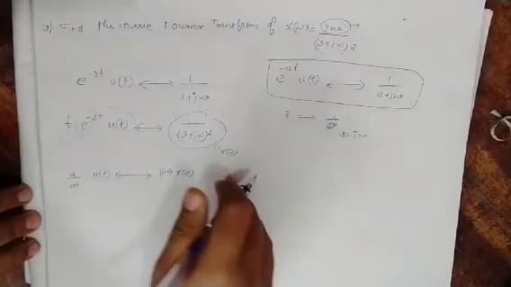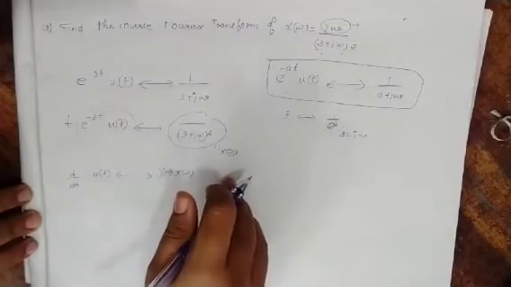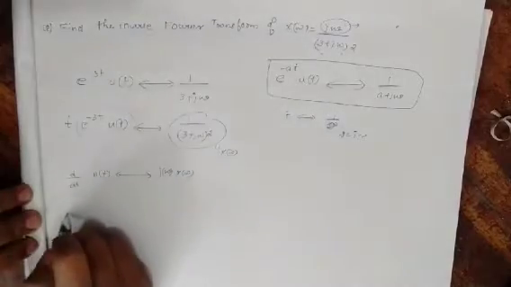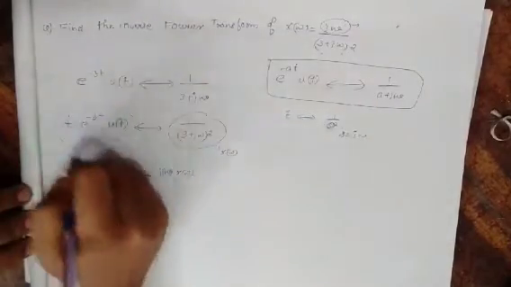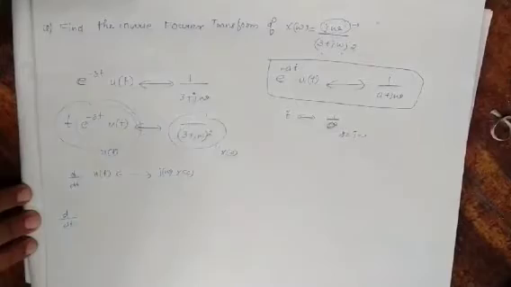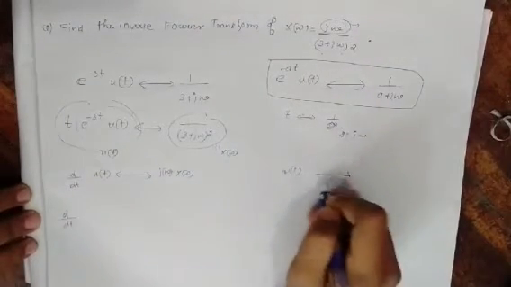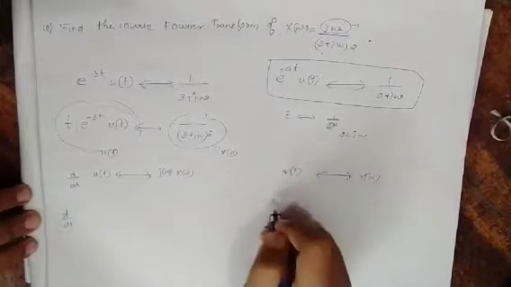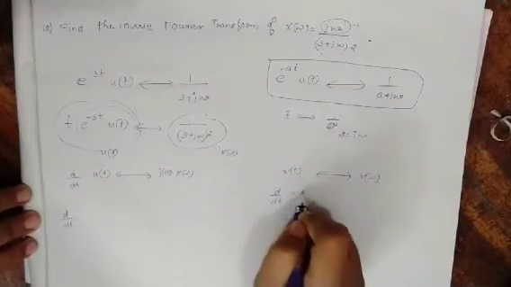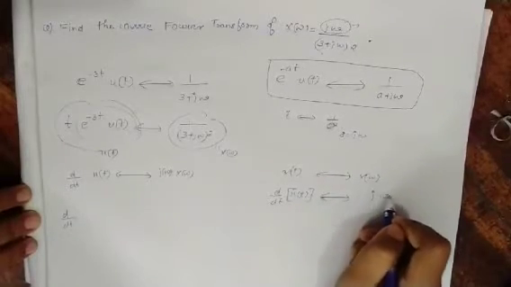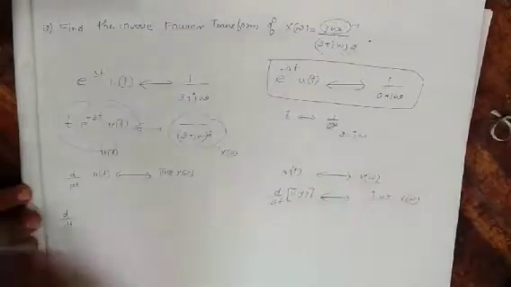If it is to be multiplied by j omega, what is the requirement? That in the time domain, let the whole thing be x of t. If x of t has a Fourier transform of X of omega, and if it is differentiated in the time domain, it will have a Fourier transform of j omega into X of omega.